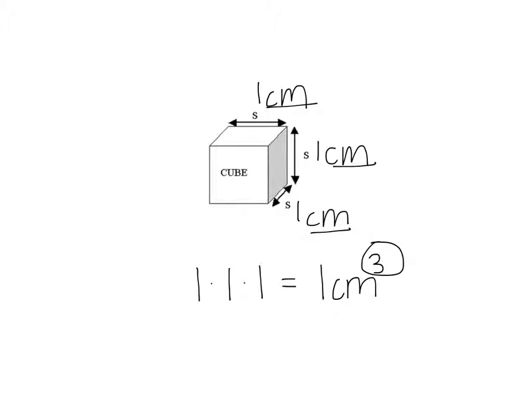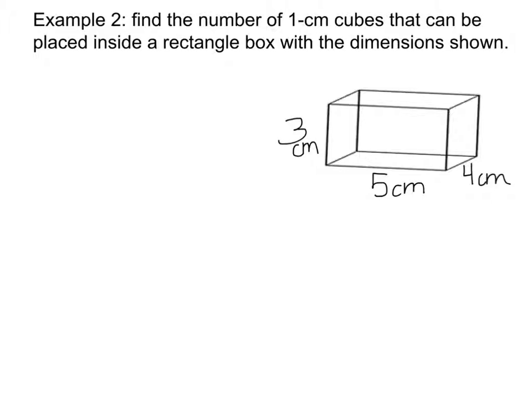Let's take a look at example 2. In example 2, it says find the number of 1 centimeter cubes that can be placed inside a rectangular box with the dimensions shown. So they're asking you how many little tiny cubes are going to fill in this rectangular prism. To draw this, I would say the base, the bottom level, we're going to need something that's 5 by 4.